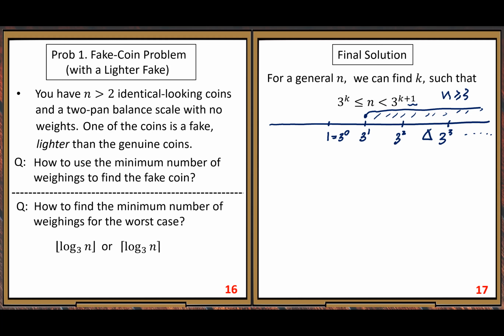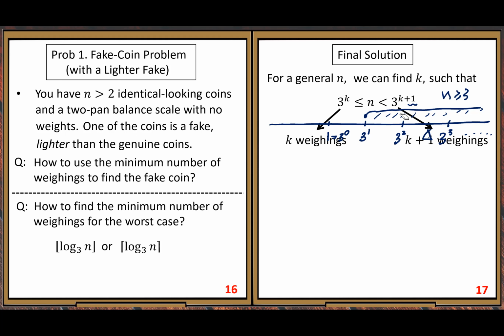After we have that, look at the number of weighings. Because after we have that formula, when we solve this problem for 3 to the k weighings, and when n has more coins than 3 to the kth but less than 3 to the k plus 1, think about the number of weighings we need.